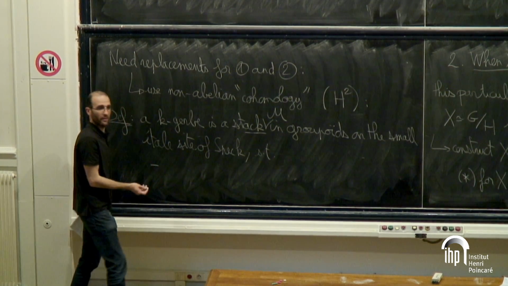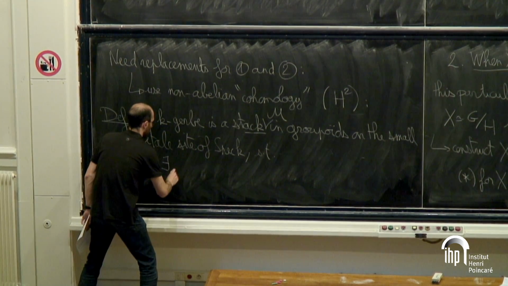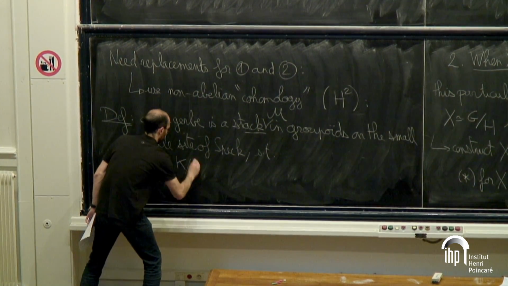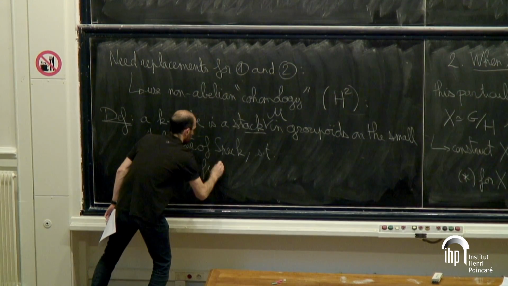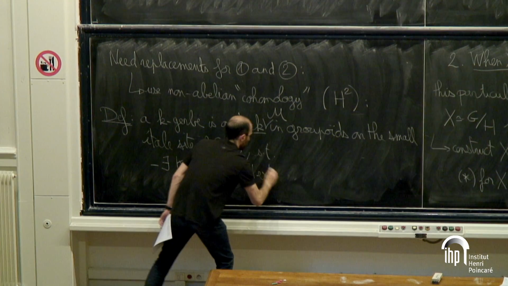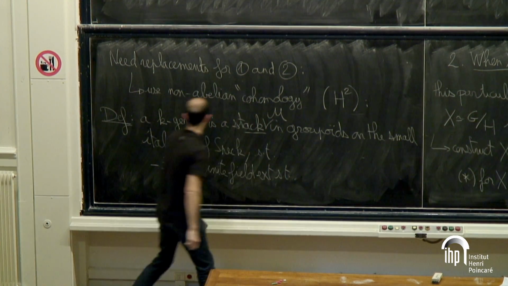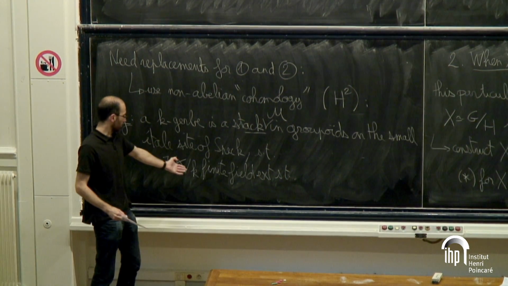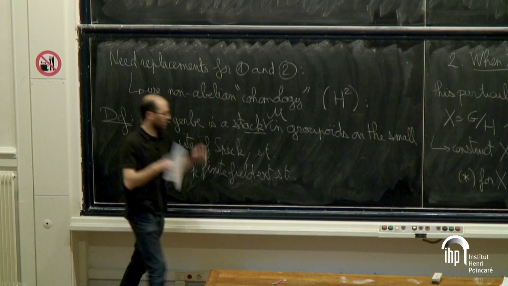So what does it mean, locally non-empty? Concretely, it means that you can find a finite extension, and you can assume that it is a finite field extension, such that M has capital K rational points.